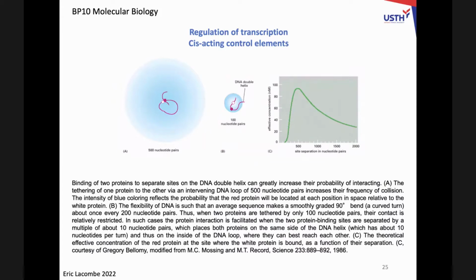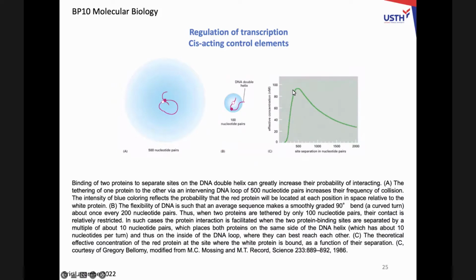Okay. After, if we move a little bit along the x-axis, it means that we increase the distance between the two sides. And what you realize with this graph is the maximum of the probability of meeting of the two proteins is 500 base pair of separation. And if you increase little by little this distance, they can still interact because DNA can bend always, but because they are going to be far away little by little from themselves, the probability is a little bit dropping.